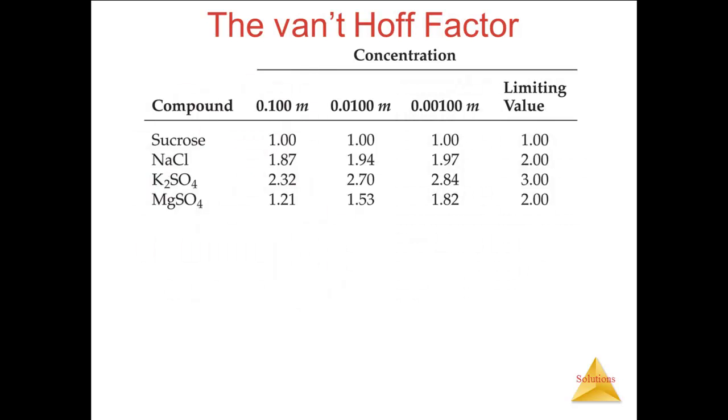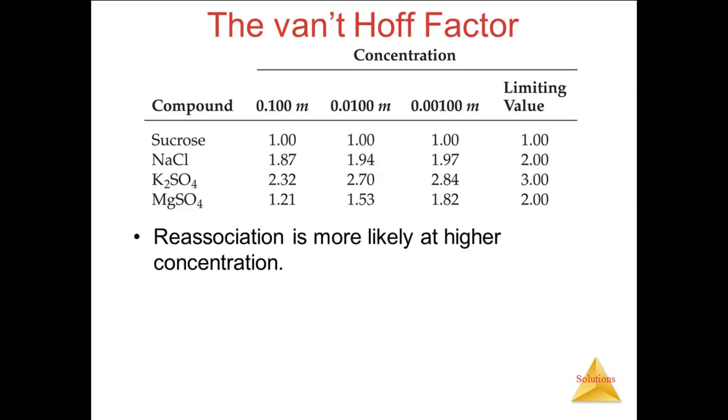The table shows the ratio of the measured particle concentration to the actual concentration for sucrose and 3 salts, which form 2, 3, and 2 ions. Note that the ratio is 1 for sucrose, which does not dissociate. For the 3 ionic solids, the ratio increases as the concentrations decrease, approaching the limiting value of the number of ions produced.